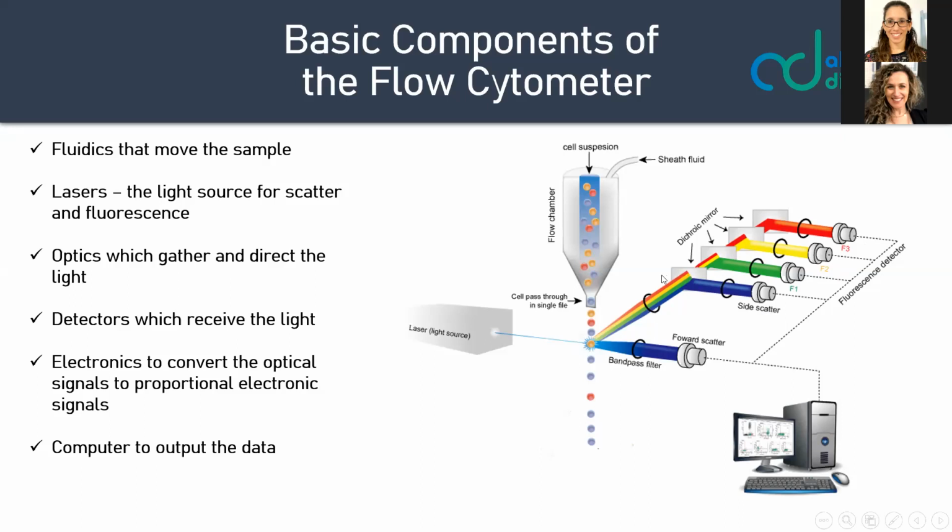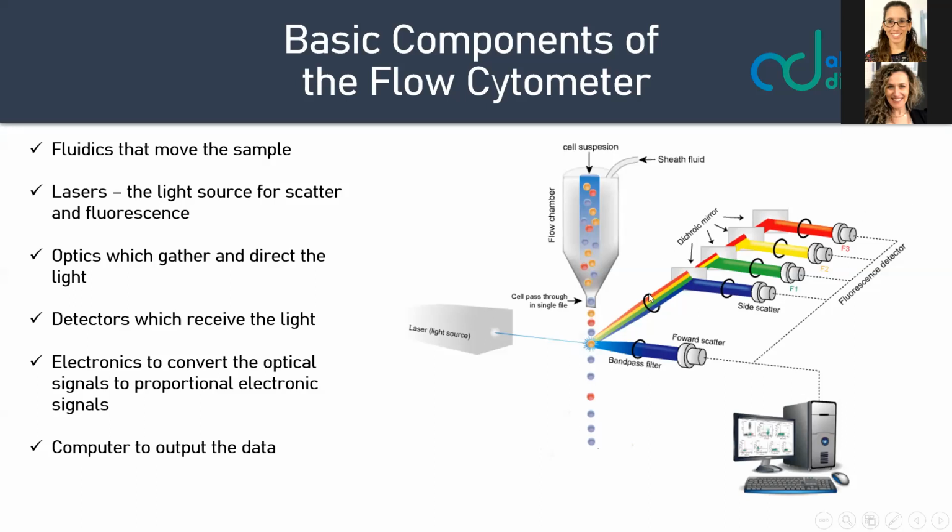They are responsible for directing the light to the correct fluorescent detectors here. After the photons enter the detectors, the photons are converted to electrons. The signal exits the detectors as an electric current, and at this point, the signal enters the electronic system.